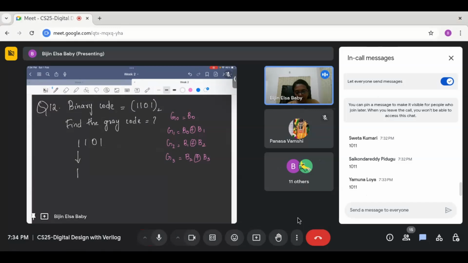Then G1 will be this XOR this one. That will be 0. Then 1 XOR 0, that will be 1. 0 XOR 1, that will be 1. So this will be the gray code 1 0 1 1.